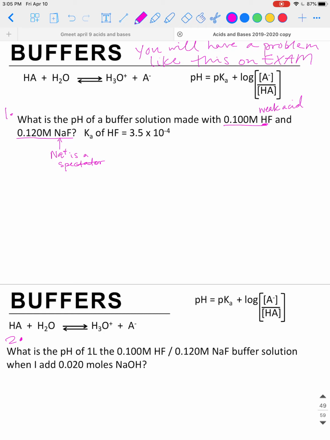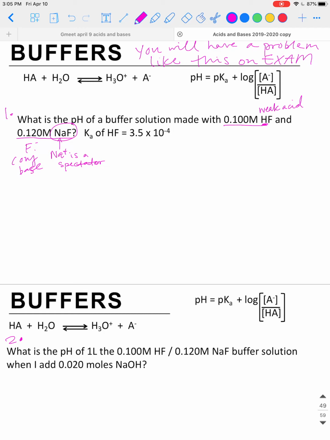The real thing you need to recognize is that this is F minus. This is our conjugate base. Sometimes they'll put a cation with our conjugate base, because usually most conjugate bases carry a negative charge.